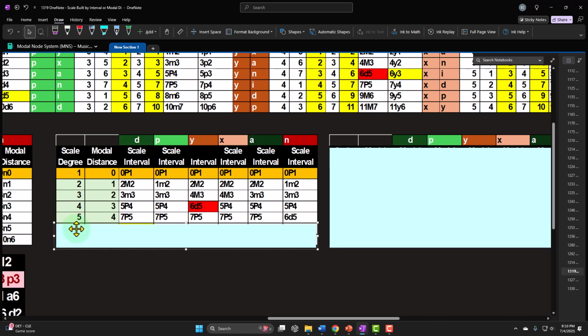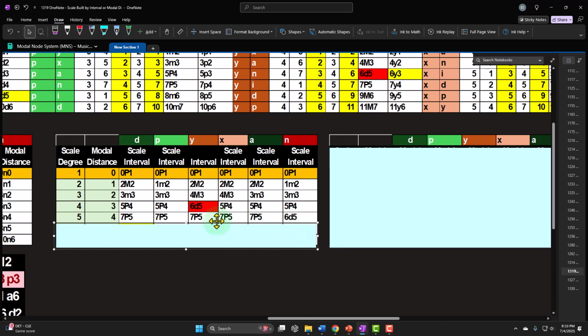So you can see it here. If I go scale degree of 5, it would be a modal distance of 4. So if I just look at the minors, it's a 7 note away distance, perfect 5th. So that's what it is on the Dorian. The Phrygian, 7 note away, perfect 5th. The Aeolian, 7 note away, perfect 5th. But the Locrian has a 6 note away distance.